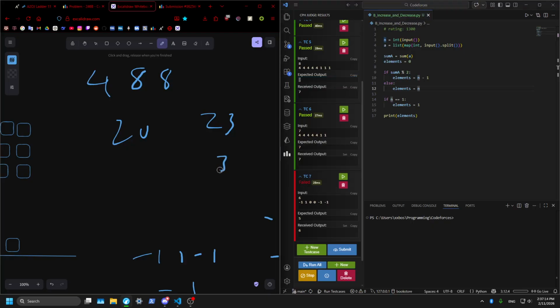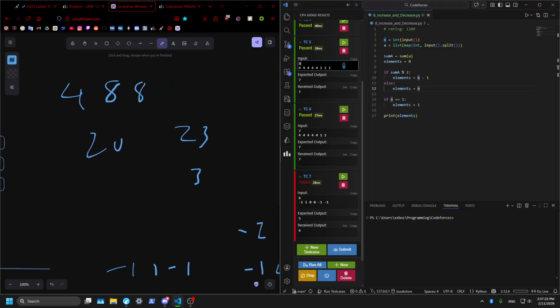Seven groups of 3 is 21. So we basically try the max groups, 8. And we do that by sum divided by n. If it doesn't work, we try sum divided by n minus 1, and etc., etc.